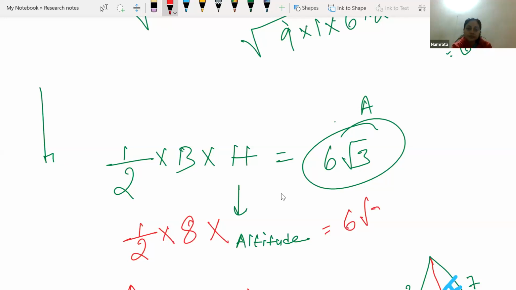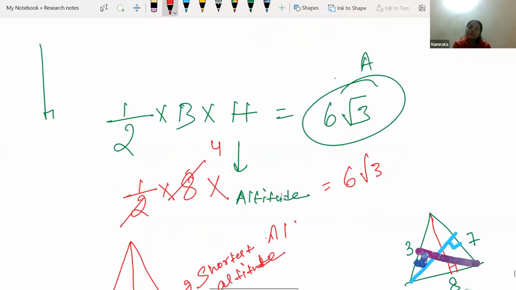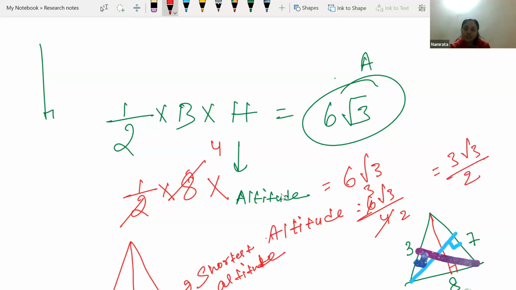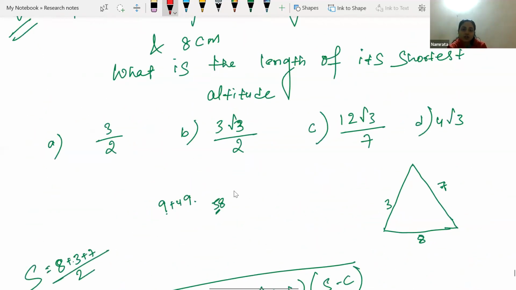Altitude will become 6 root 3 over 4. So we have 3 root 3 over 2. Let's see whether this option is there. 3 root 3 over 2 is there as option B.